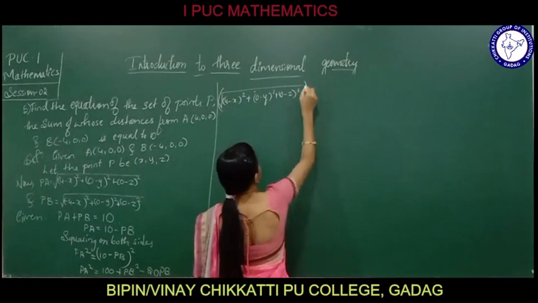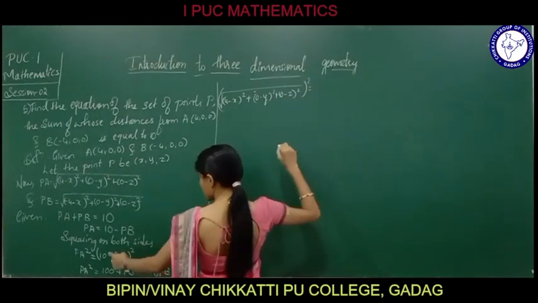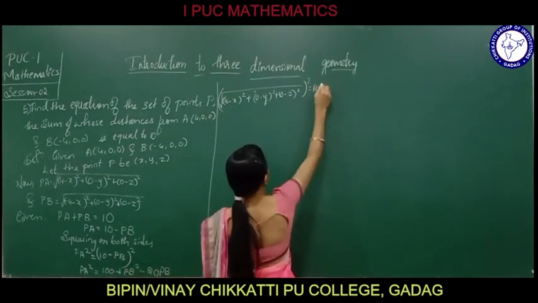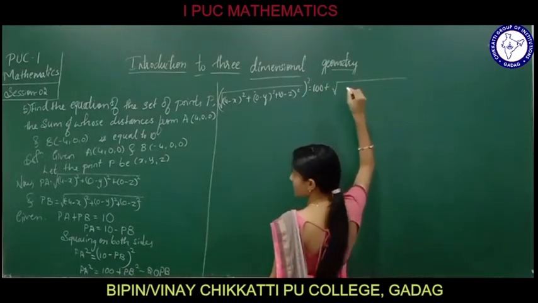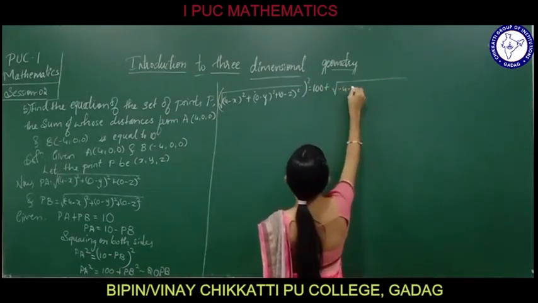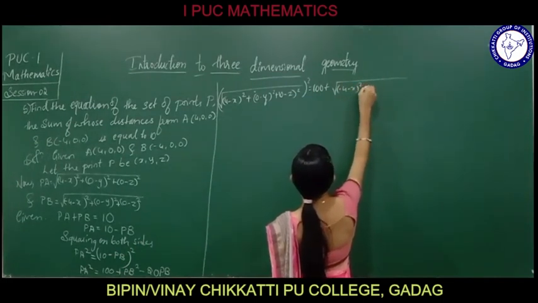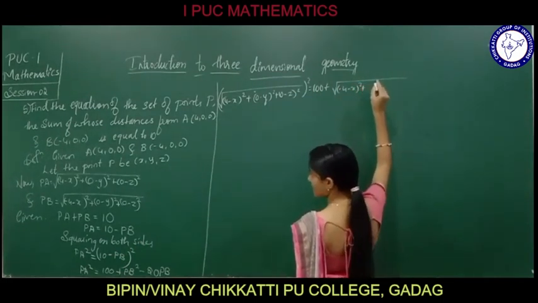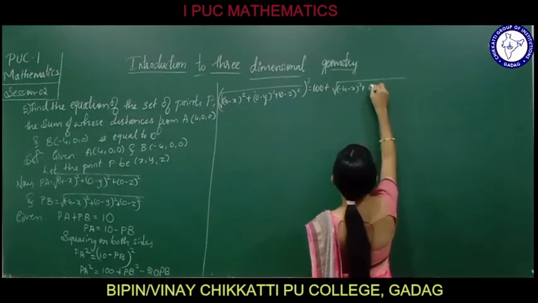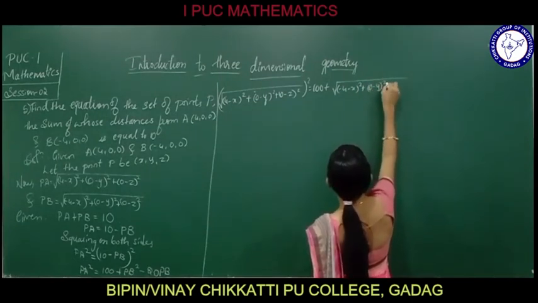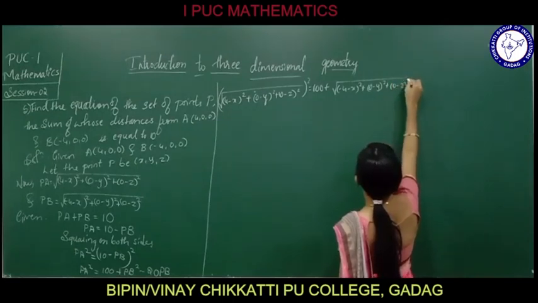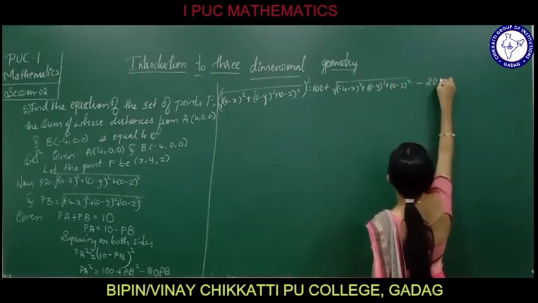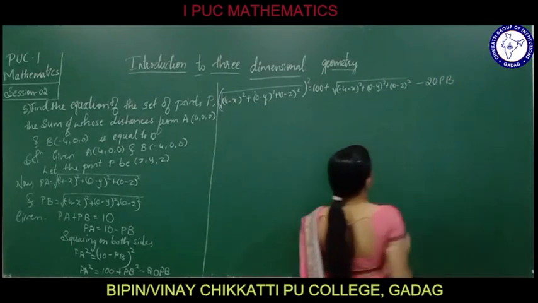Its square, PA square, is equal to 100 plus PB square, that is minus 4 minus x whole square plus 0 minus y whole square plus 0 minus z whole square, minus 20 PB.